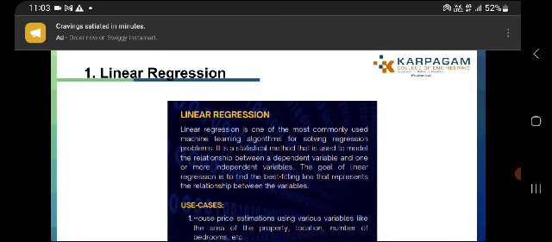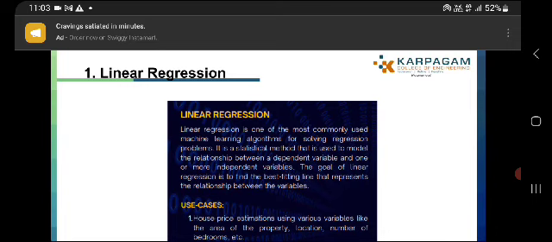Predictive analysis means the prediction of something, and linear regression makes predictions for continuous numbers such as salary, age prediction, car price prediction, and house rent or house price prediction, etc. It shows the linear relationship between the dependent and the independent variable, and shows how the dependent variable changes according to the independent variable.